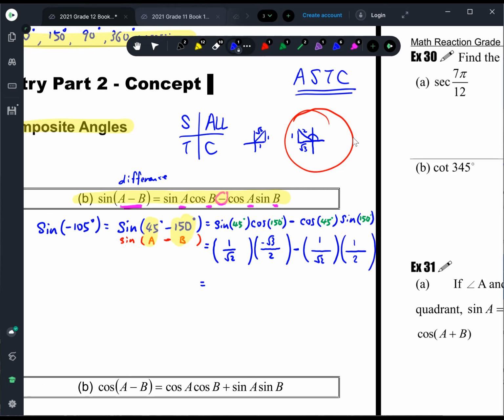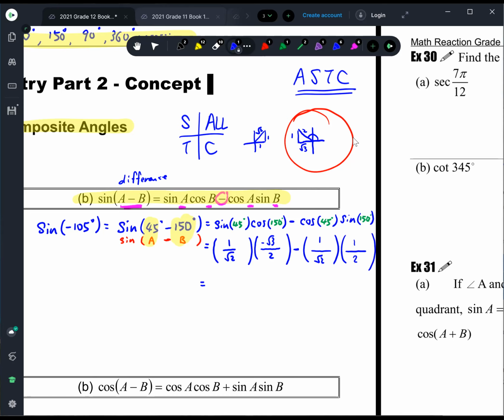Cosecant is the flipping of sine. So sine and cosecant are positive there. And then how about T? Tangent or cotangent, very good. And then C? Cosine or secant. Yeah.